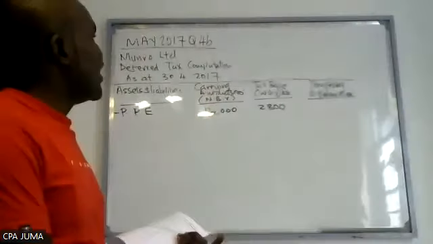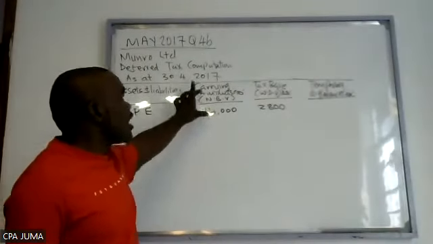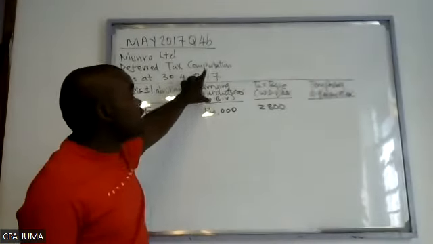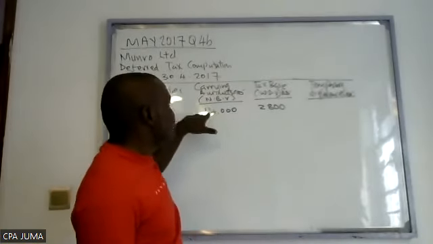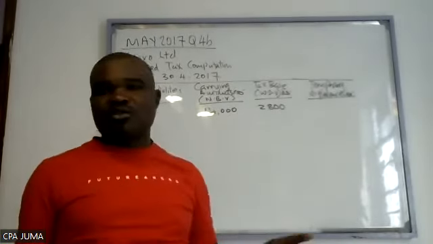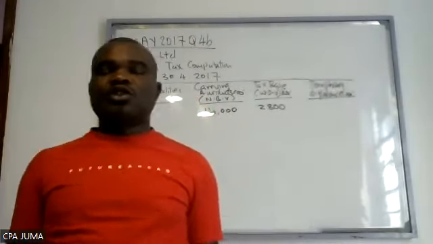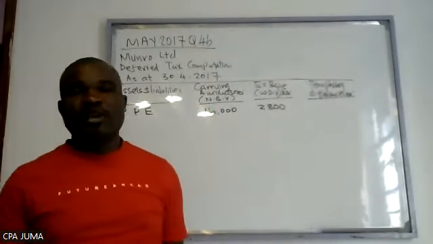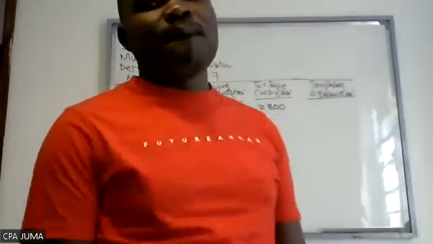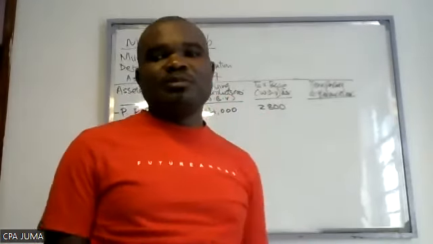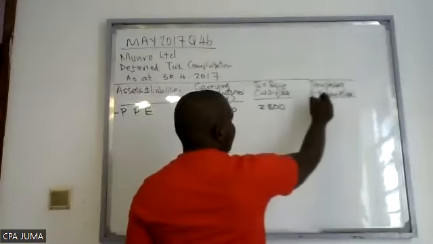So how much is the temporary difference? Remember, carrying amount is the accountant's, tax base is the taxman's. So 14 minus 28, how much do you get, ladies and gentlemen? 11,200.